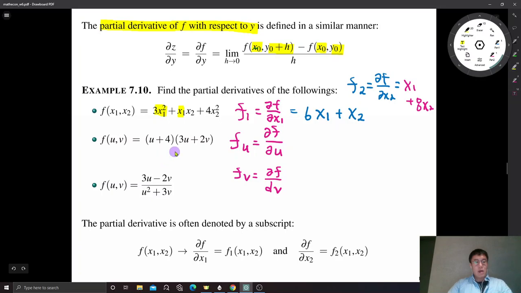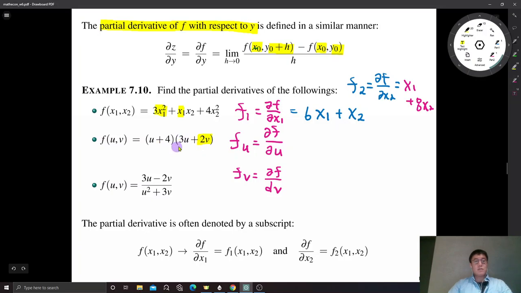Okay, and then if we consider the partial with respect to u, now we consider v as a constant. So now this one is a constant. All right, and still we have a product of two u functions.